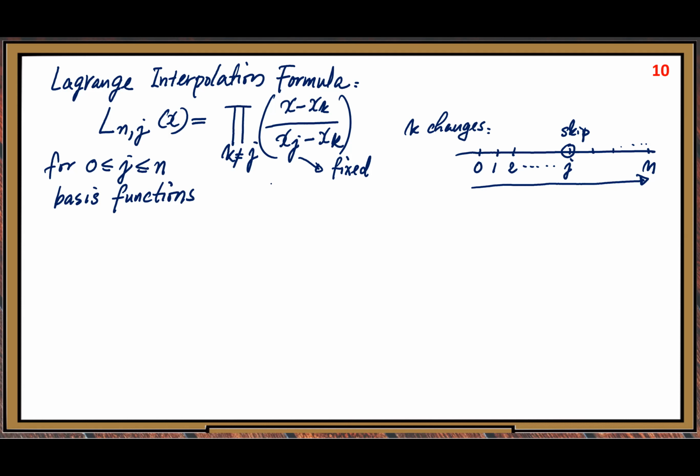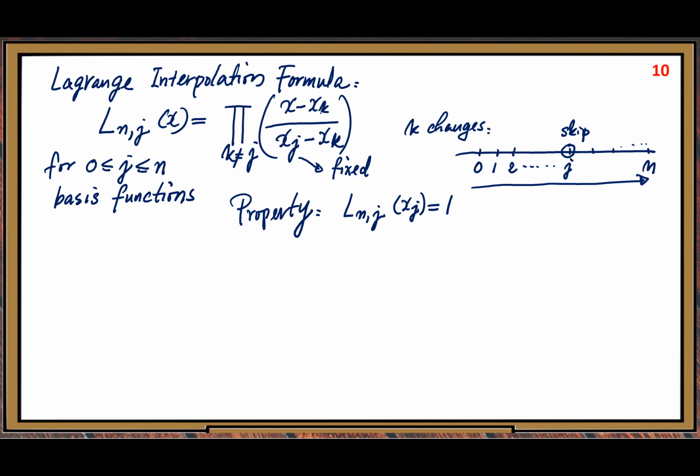After this definition, there is a special property of the Lagrange basis functions, the interpolation property. That is, L n,j of xj equals 1.